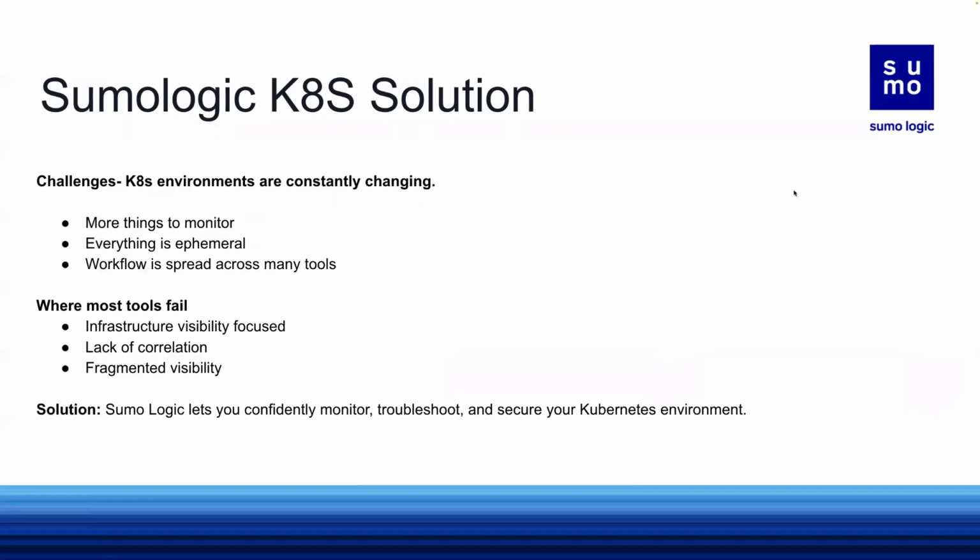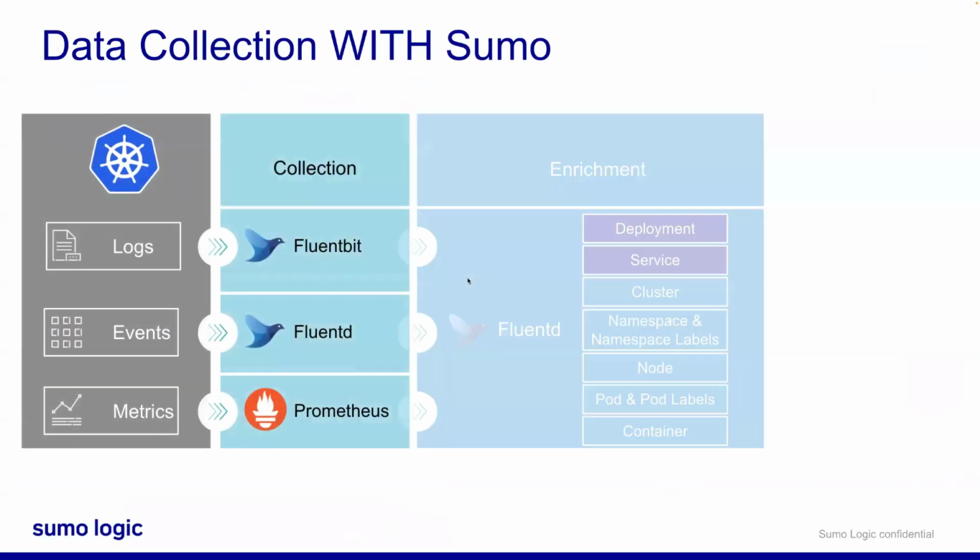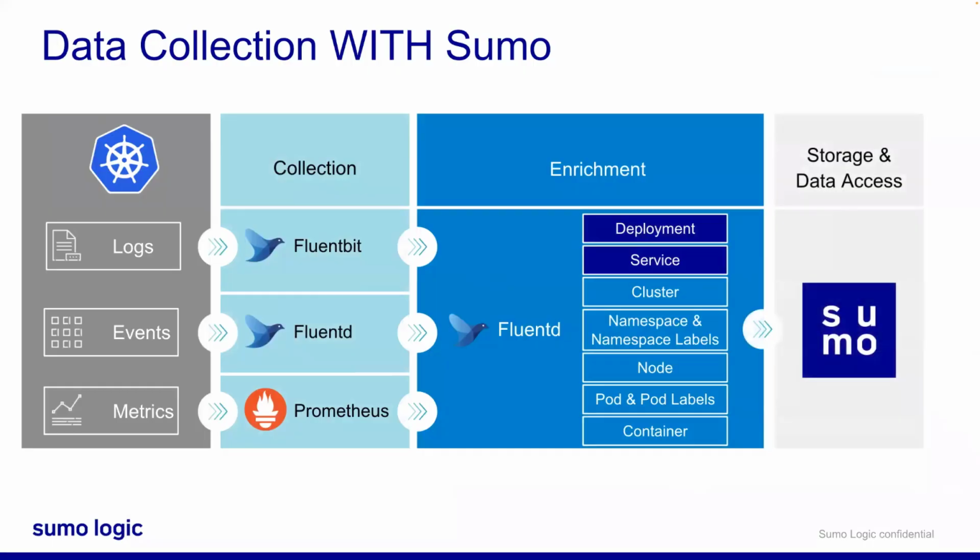But before we delve into how we can help with the troubleshooting process, let's take a step back and talk about how we collect logs, metrics, and events from a Kubernetes environment. So, data collection with Sumo. We collect logs, metrics, events, and security data using Fluentd, Prometheus, and Falco.